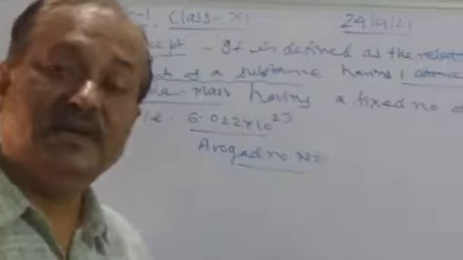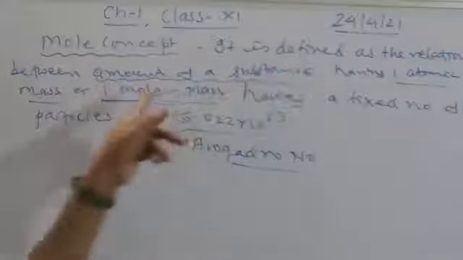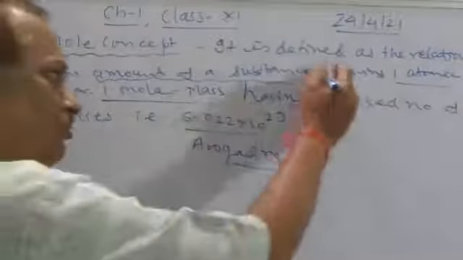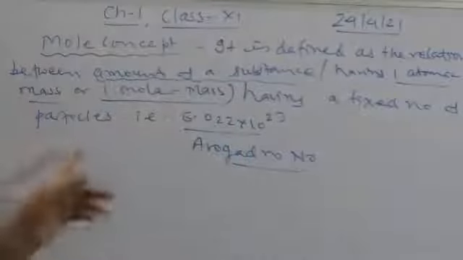So it is a relationship between the amount of substance (you may put here in brackets, having one atomic or molar mass) and a fixed number of particles.